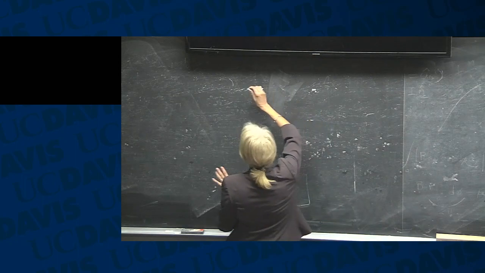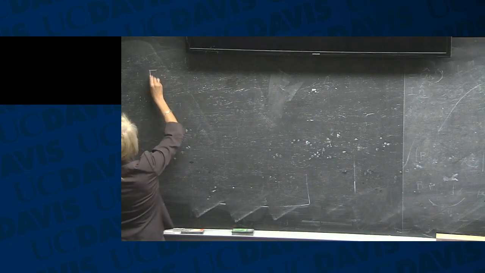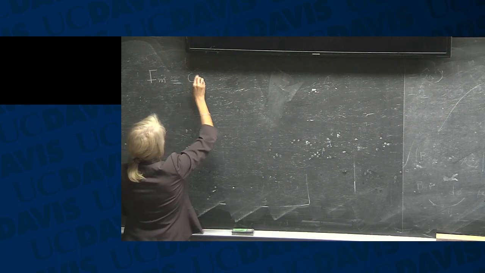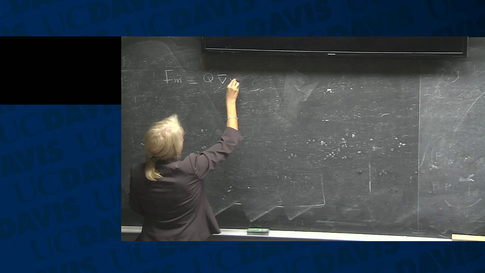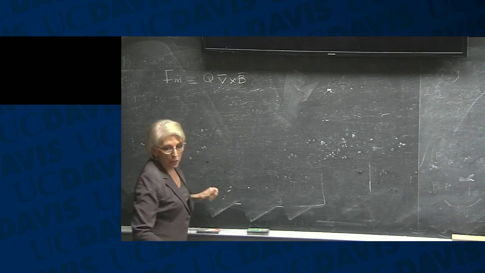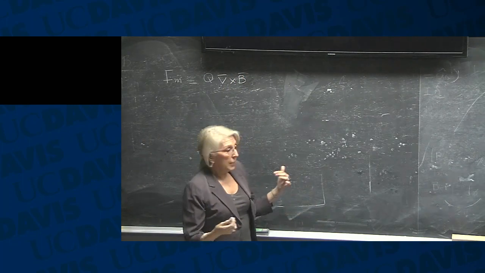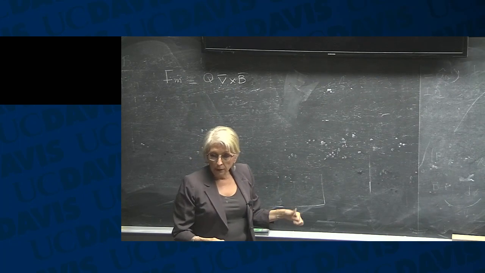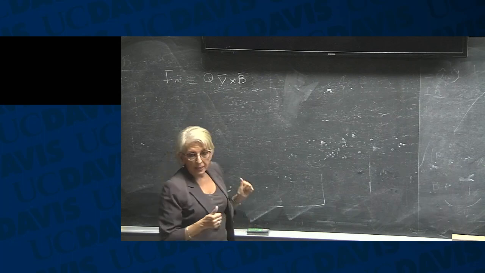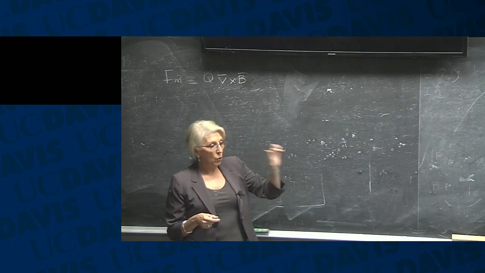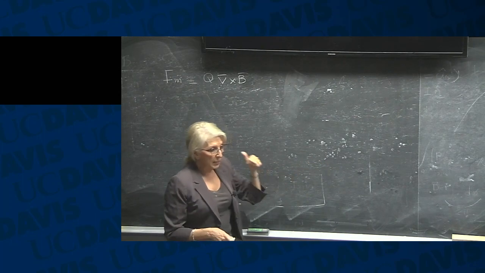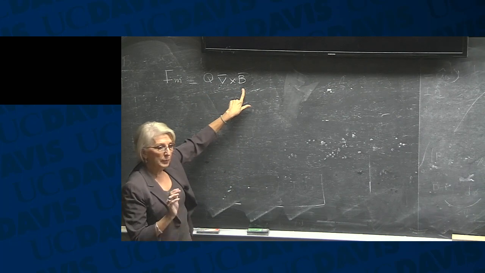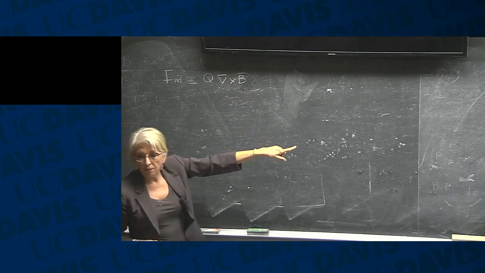Q V cross B. So what we've learned is that if there is a magnetic field B, and if there is a charge Q that goes with the velocity V, the force that applies on this charge is given by that. Okay? Now, what did we just find?